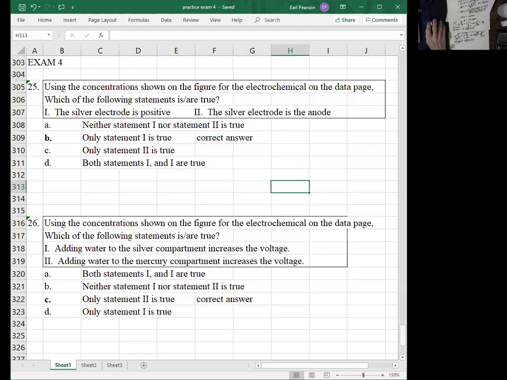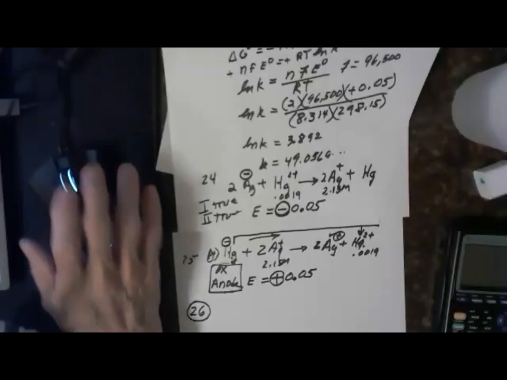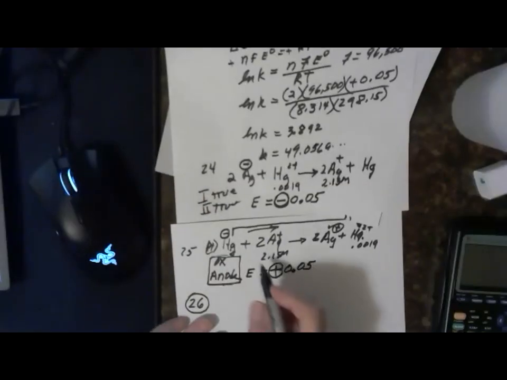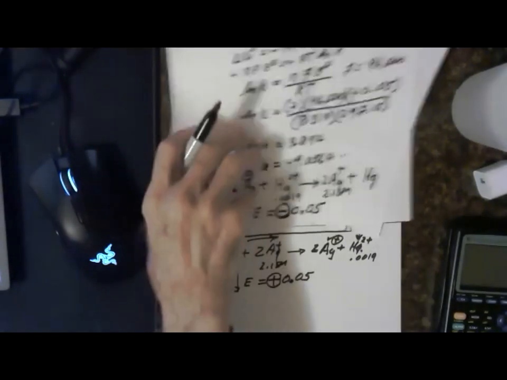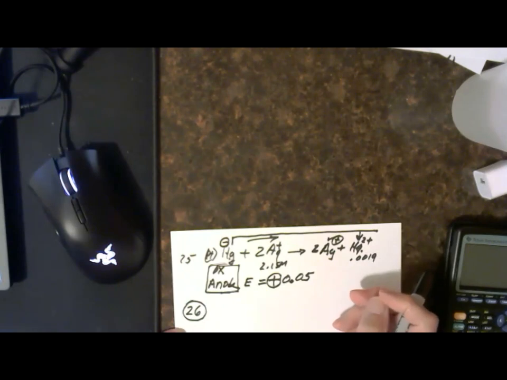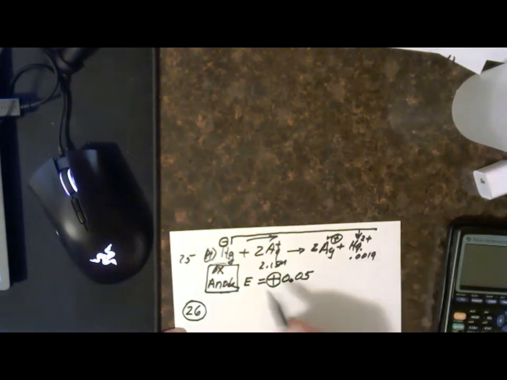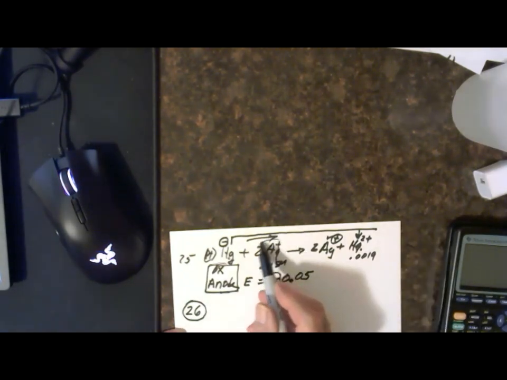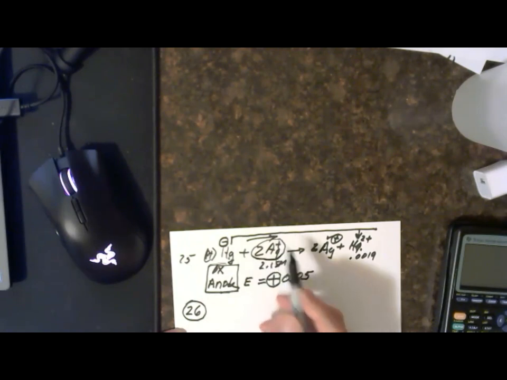So let's come back over to our pad again. And so you see, this now is the reaction that is going to take place. And it says adding water to the silver compartment would increase the voltage. Okay, here's the silver compartment. Silver ion is a reactant.